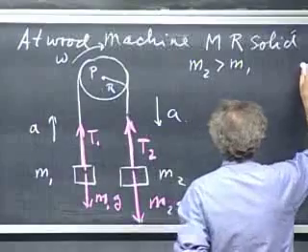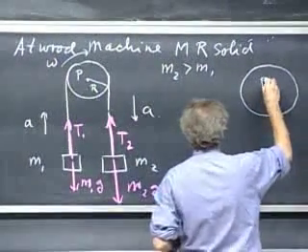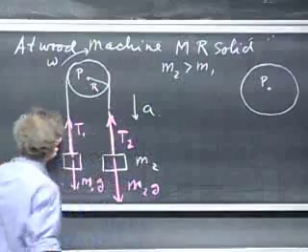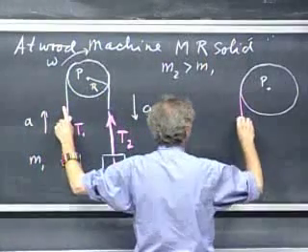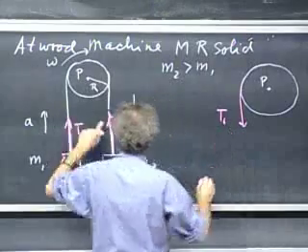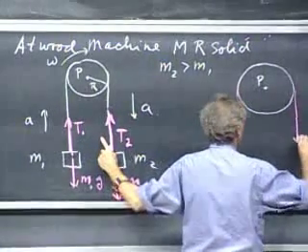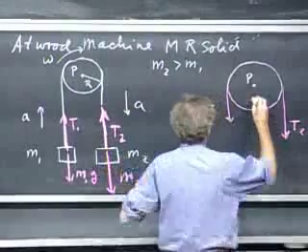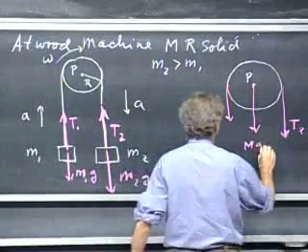For the pulley, it's a little bit more complicated. This is that point P. Here's a tension T1, it's pulling down on the pulley. So this is T1. And this T2 is pulling down on the pulley. So there's T2. It has a mass, so it has weight mg.